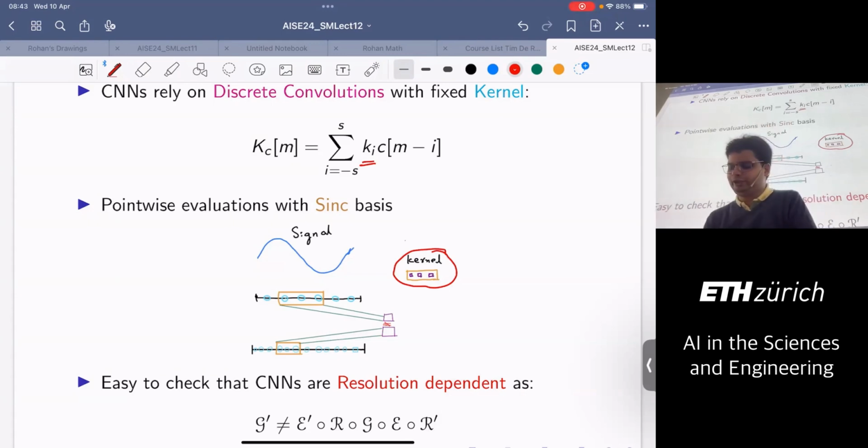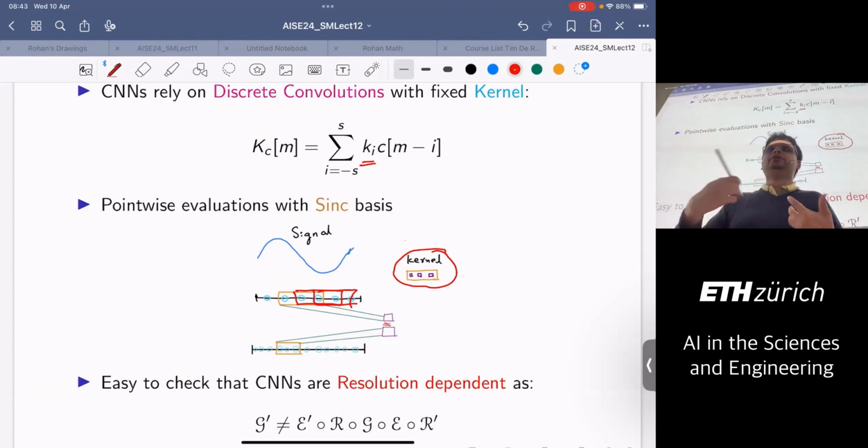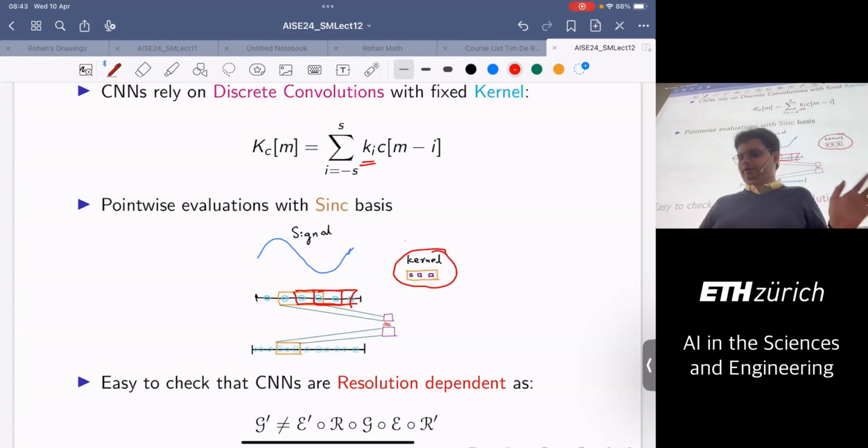For each point, it just multiplies these 3 points, gives you a value, then it moves on. At the next step, it goes to these 3 points, then these 3 points, and so on. This is the way in which a CNN works. What is being trained during the training process is the kernel, because the coefficients of the kernel are what are unknown to us. So the kernel is fixed.